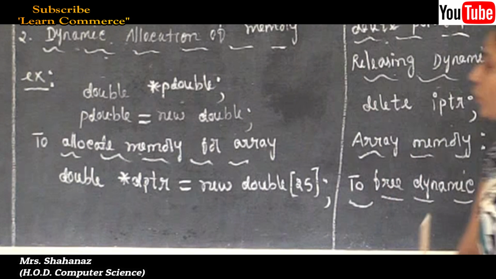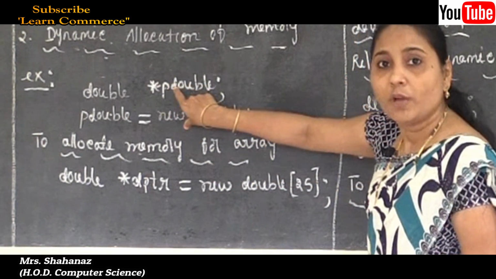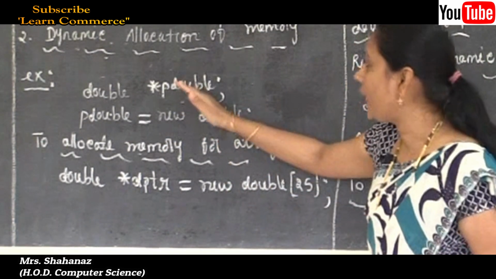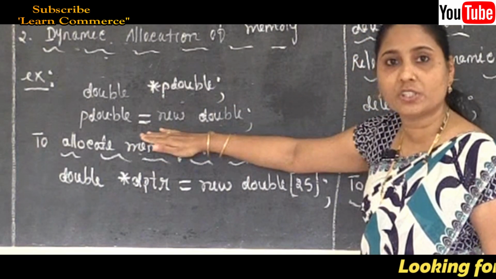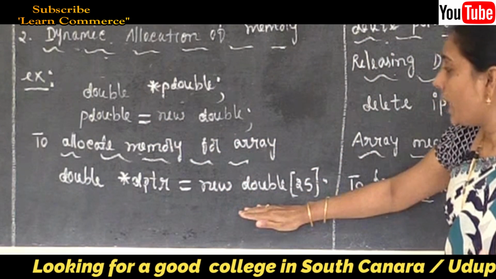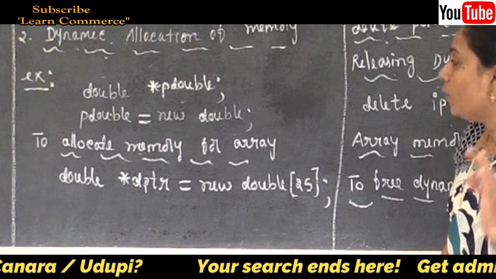The difference is that earlier I used two lines: first I declared the variable, and after the declaration I used the allocation of the variable. But in this line I used just one line. This example uses one line here.